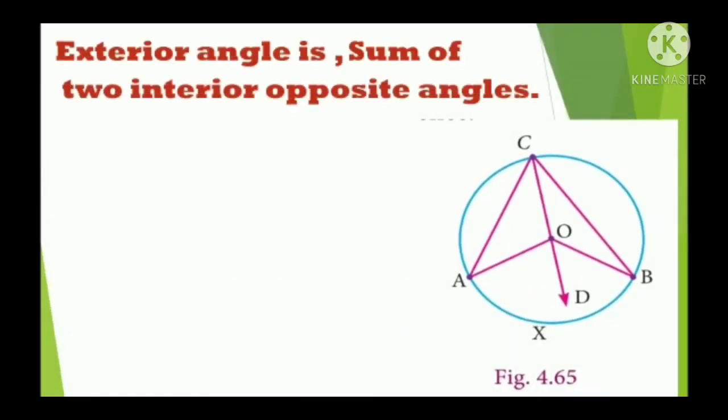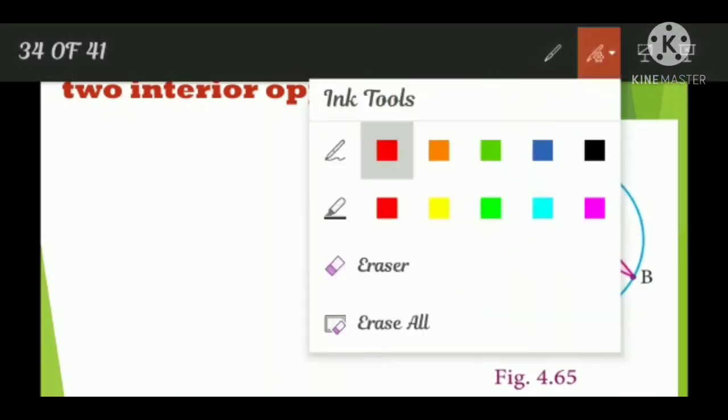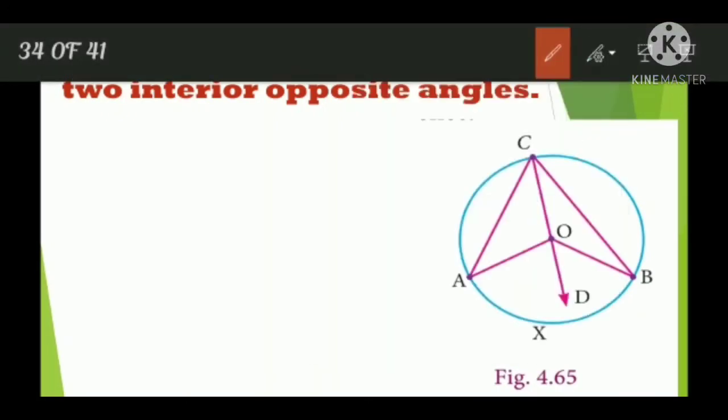Then we have a result: the sum of the two opposite interior angles is the exterior angle. Here we have two exterior angles. One exterior angle is AOD and another exterior angle is BOD.